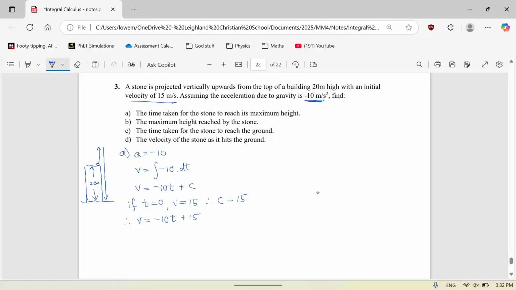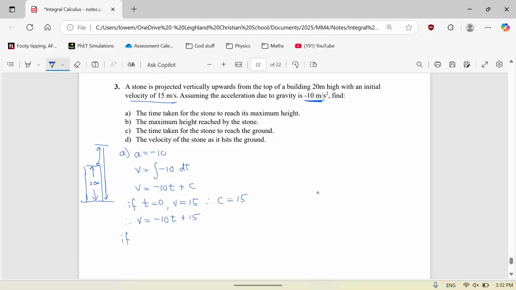We want to know how much time is taken for the stone to reach its maximum height. Now we know that when it reaches its maximum height, at that point the velocity is 0, because it's not going up, it's not coming down.